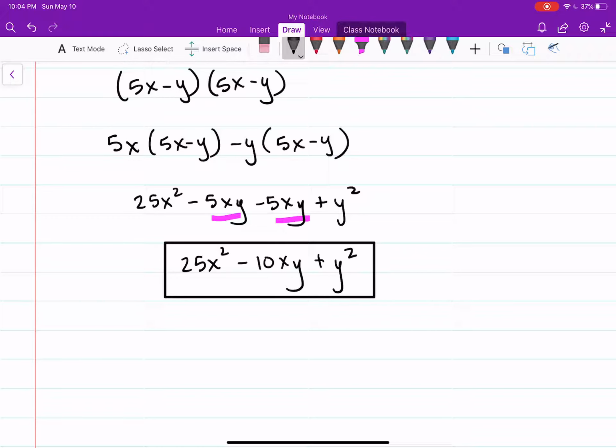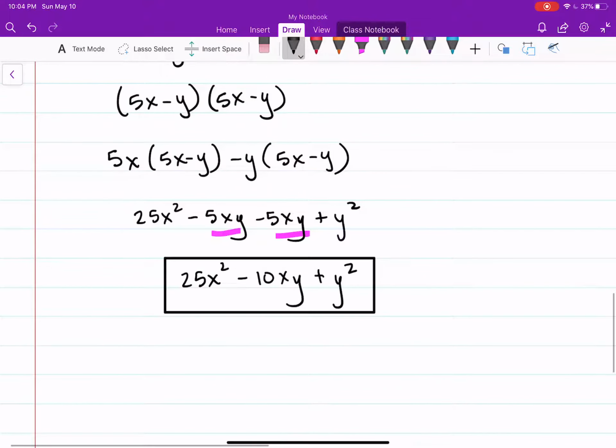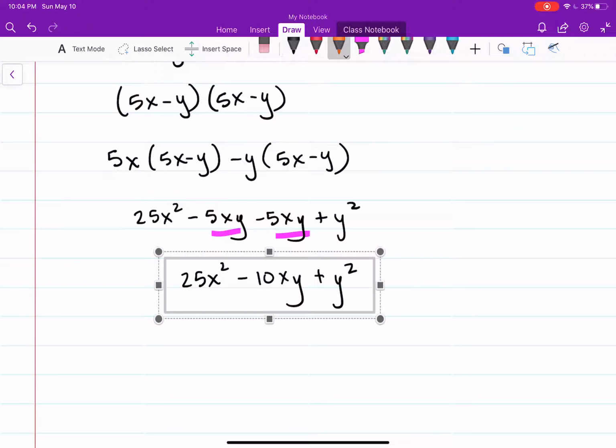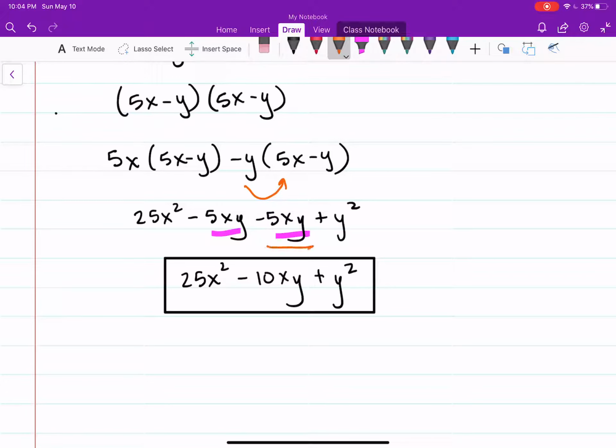Right there. All right. Now, I know that you guys are going to have this question: when I multiply these two, how did I get negative 5xy? Well, I have a negative 5 times y times x. That is the same as negative 5xy, okay?